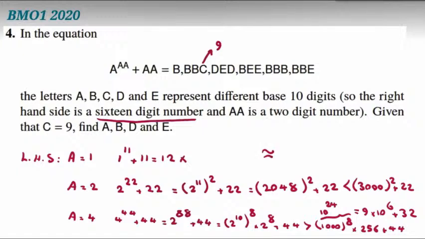From these things, we conclude A is 3. It's the first important thing. So A is 3, we can replace it.